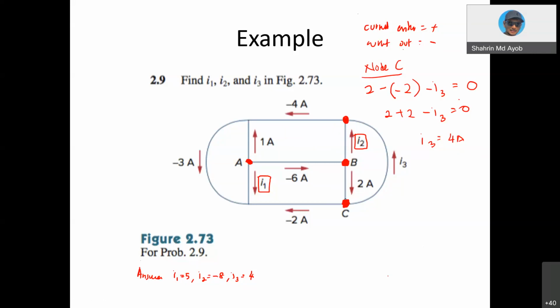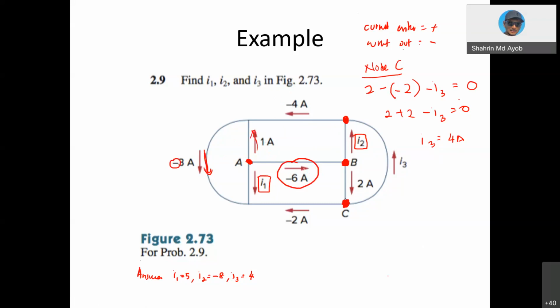Okay, so you might ask why you have this. For example, you have this current direction, but the current is negative. And this one, you have current going this direction, but the value is negative. This one is current, but positive. So what is the meaning actually?